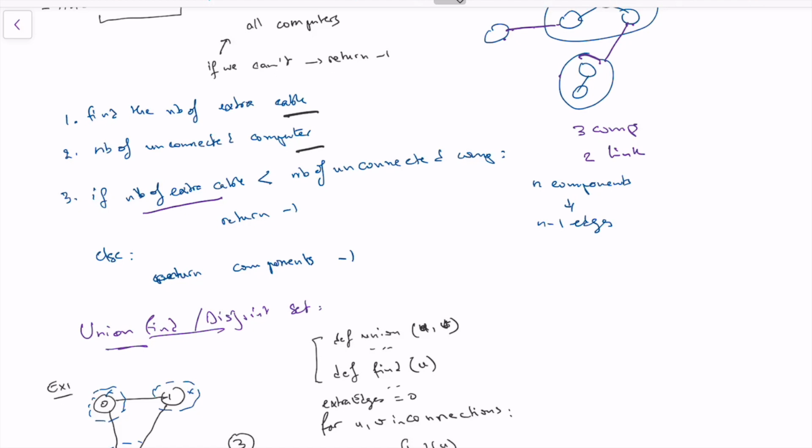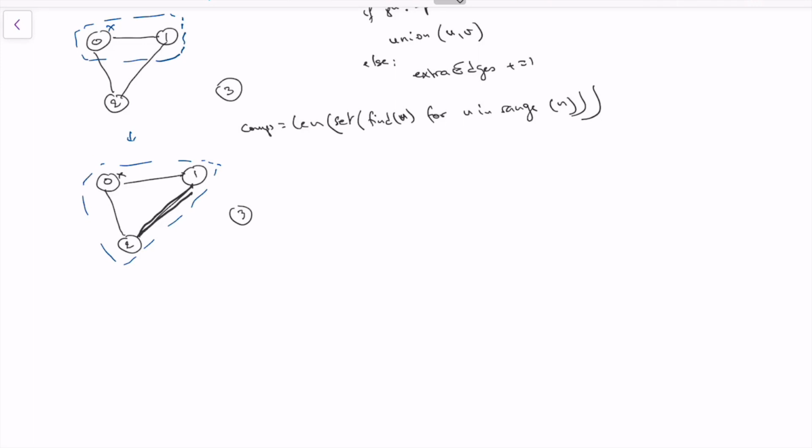If the number of extra edges is less than components minus 1, then we return -1. Otherwise, we return components minus 1. And that's all there is to it.